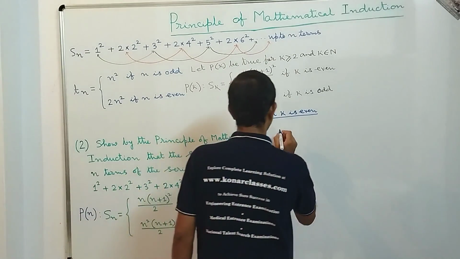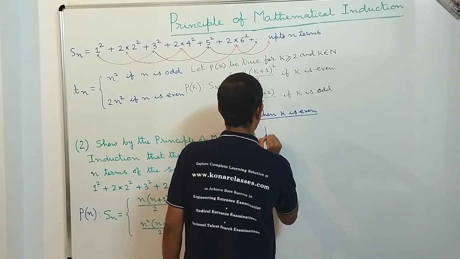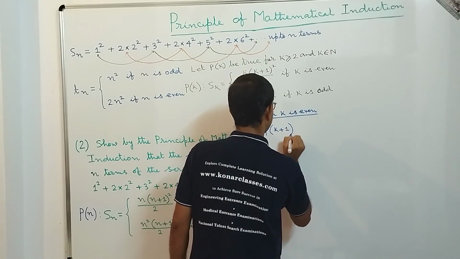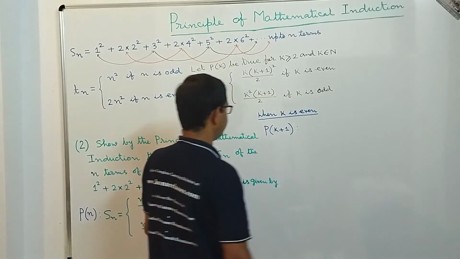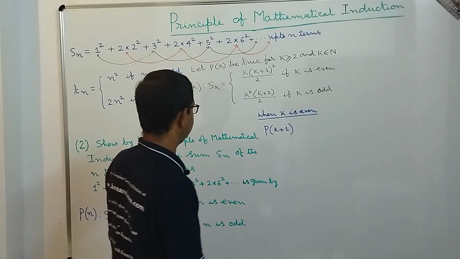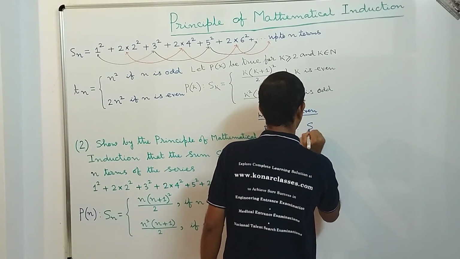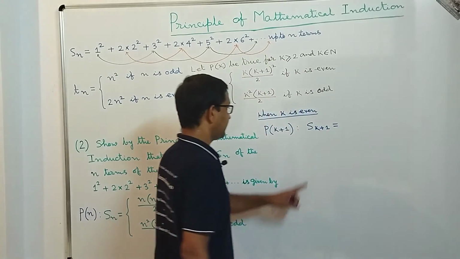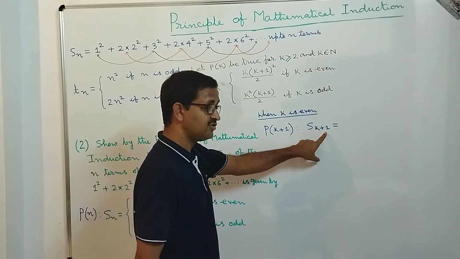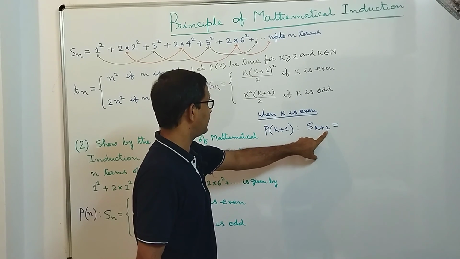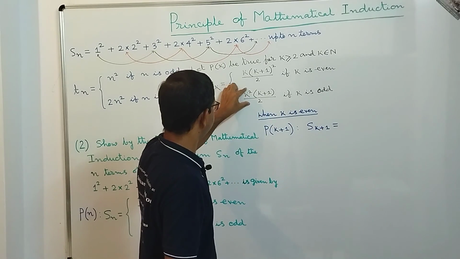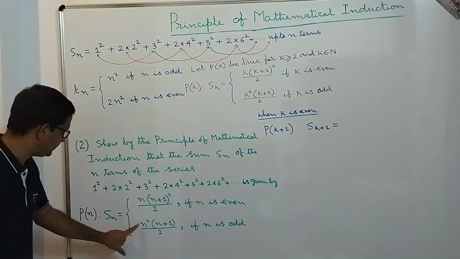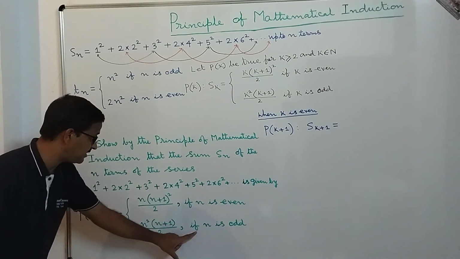So in this case, the mathematical statement for k plus 1 should be Sk plus 1. Now, k is even means k plus 1 is odd, so we should take this branch of the definition. You remember Sn equal to n square into (n plus 1) by 2 if n is odd.